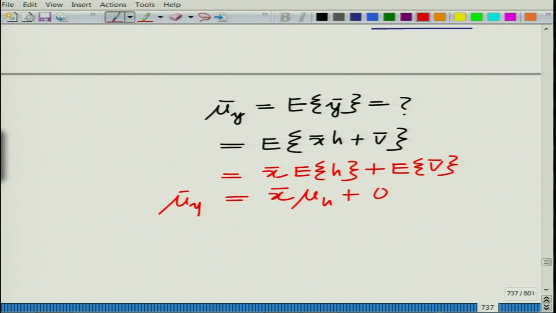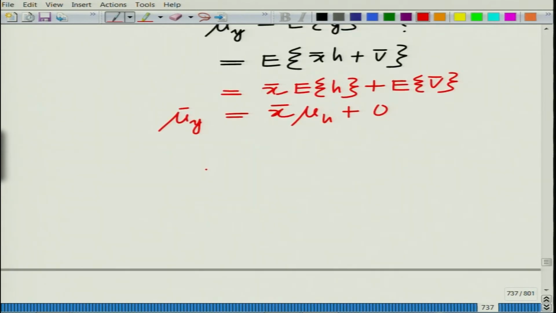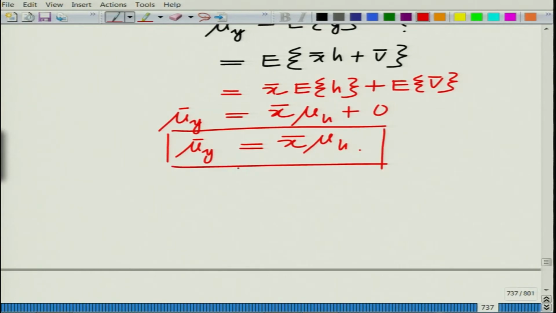So, mu bar y is x bar times mu H, this is the mean of the observation vector y bar.